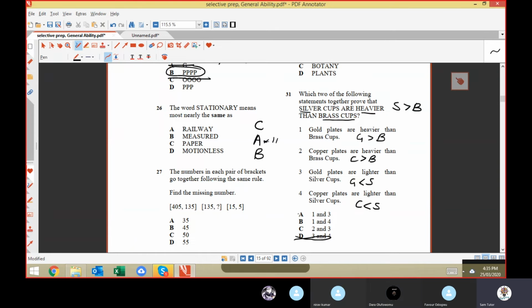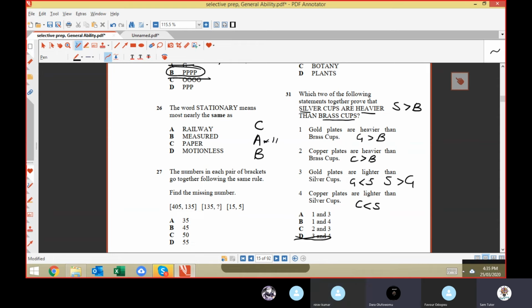Let's try 1 and 3. 1. Gold plates are heavier than brass cups. So that means gold is bigger than brass. But it does say here that gold is smaller than silver, which means silver is heavier than gold. Do we agree with that? Yeah.